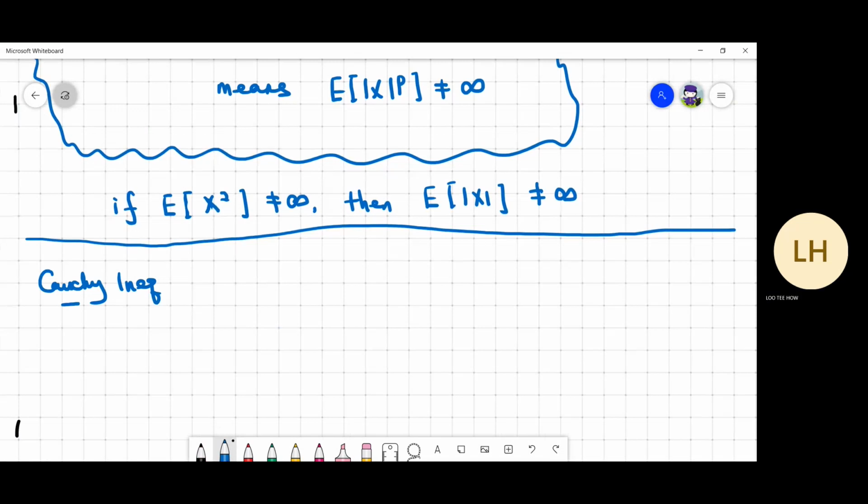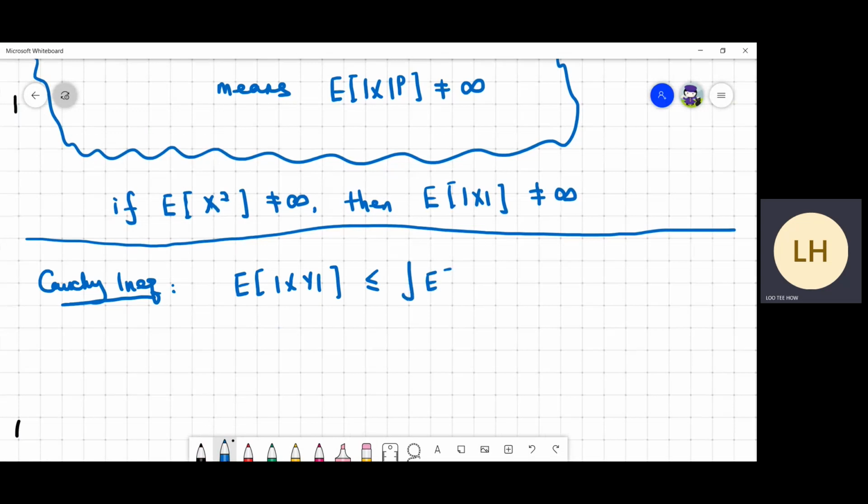If you have x in L2 and y in L2, the inequality is that E of modulus of x times modulus of y is always less than or equal to the square root of E of x squared multiplied by E of y squared. This is our Cauchy-Schwarz inequality, provided these two are finite.